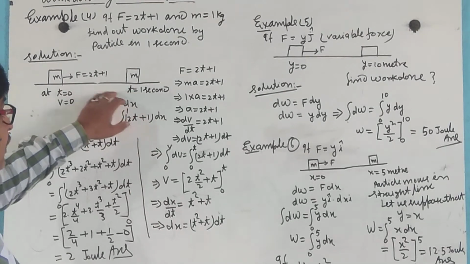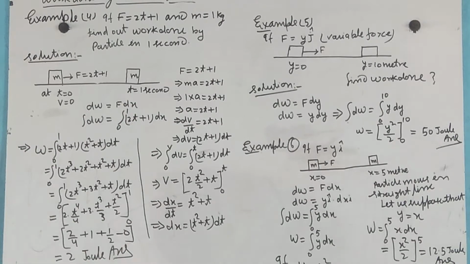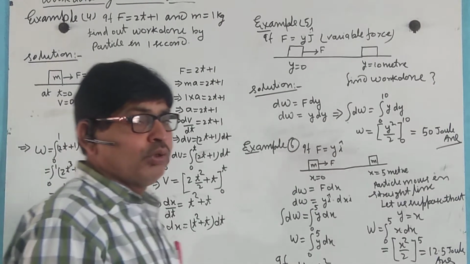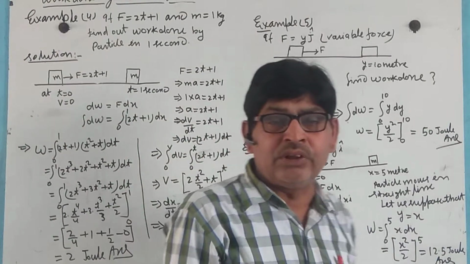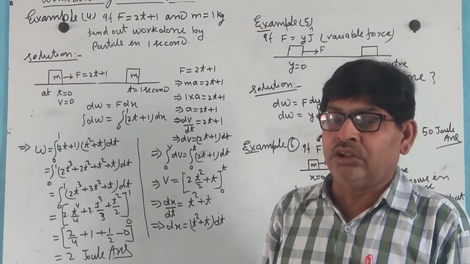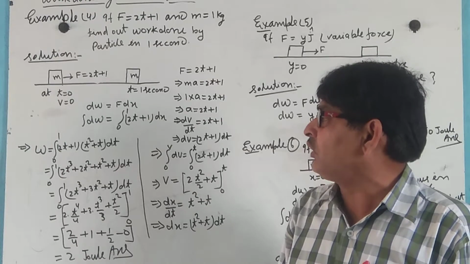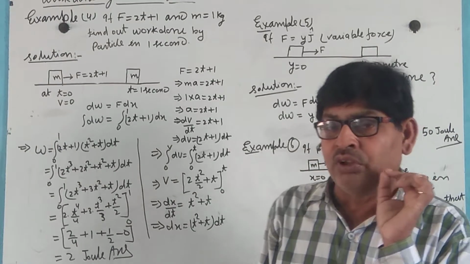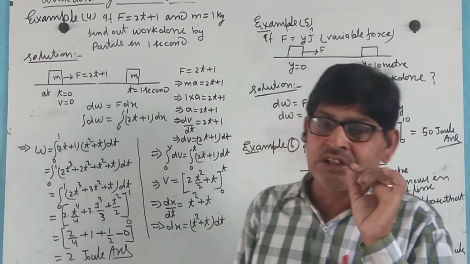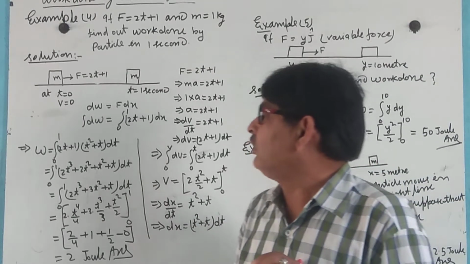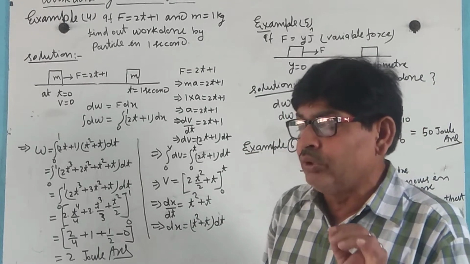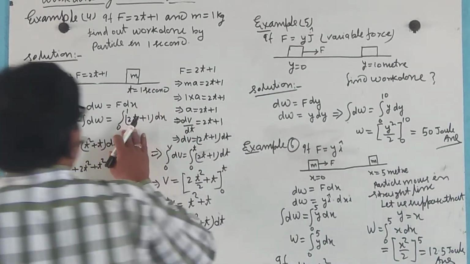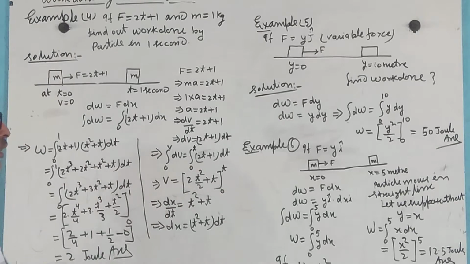We know that work done equals force into displacement, F dx, and dx is a very small distance. We calculate the work done for the very small distance, then after that integrate it, and we get the total work done by the integration.